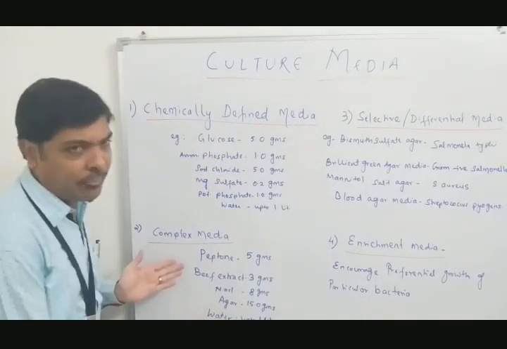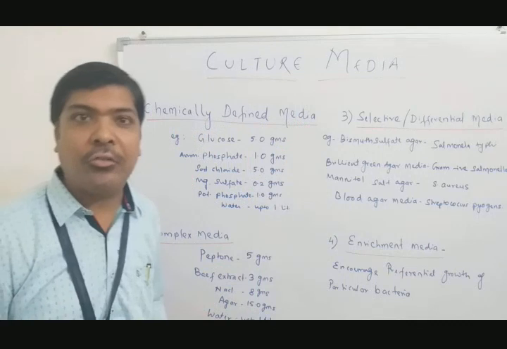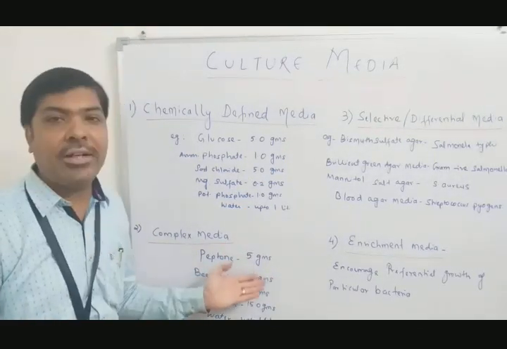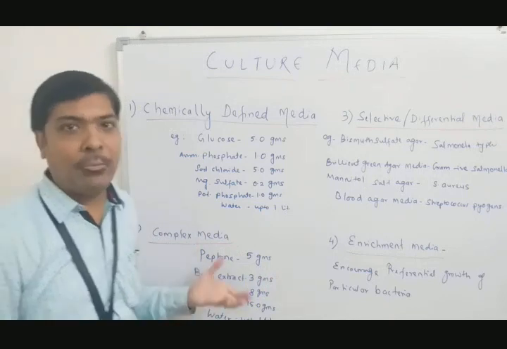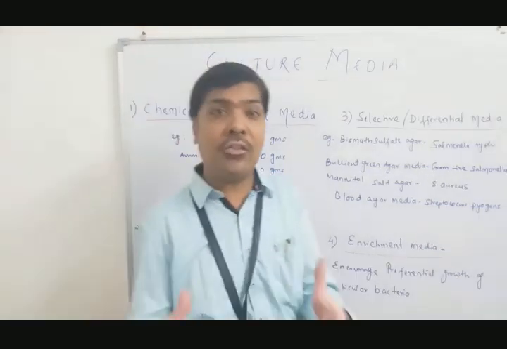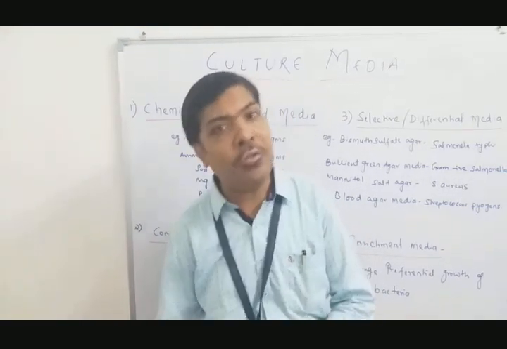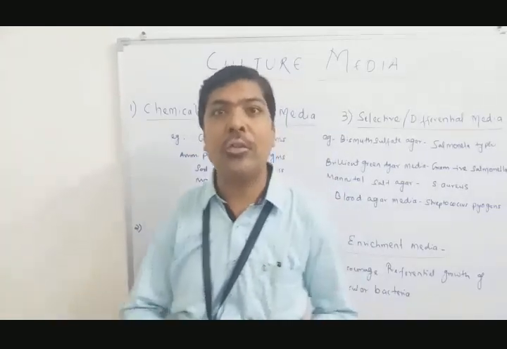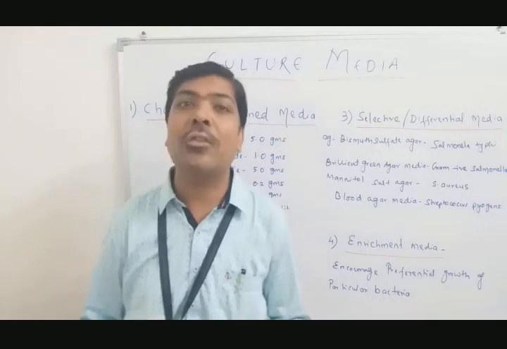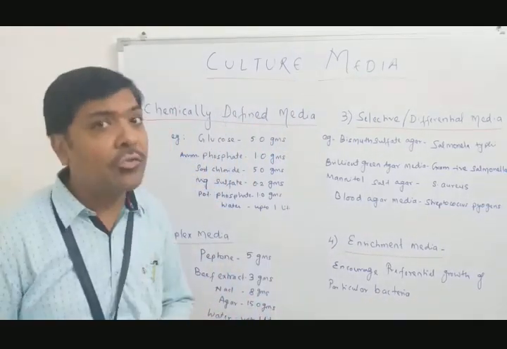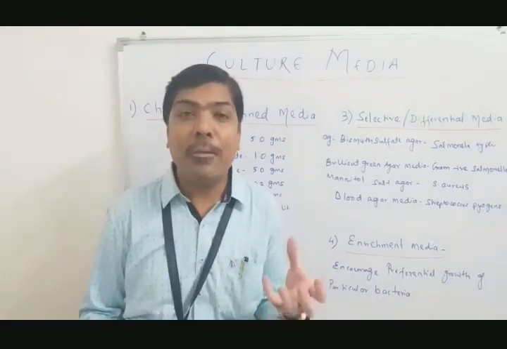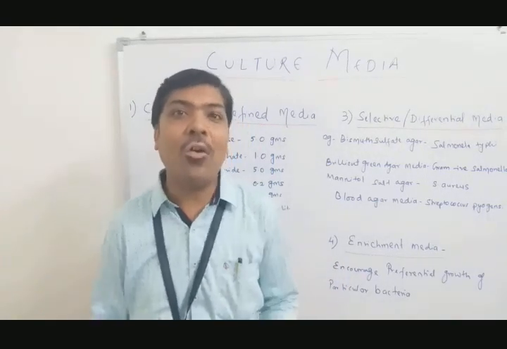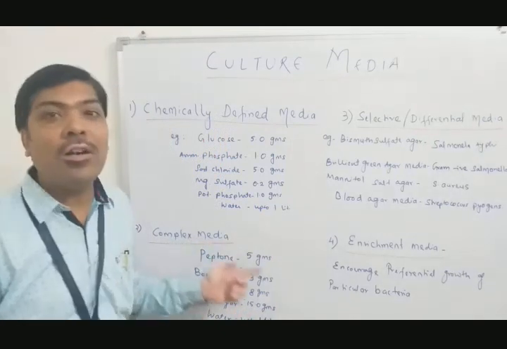In this recipe that we have optimized for a particular bacteria, we have added peptone 5 gram, beef extract 3 gram, but peptone and beef extract are very rich sources of different categories of nutrition. Beef extract can offer nitrogen sources and also carbon sources, and peptone is again a very good source of nitrogen, but the chemical constituents in terms of number are not defined in this type of preparation.